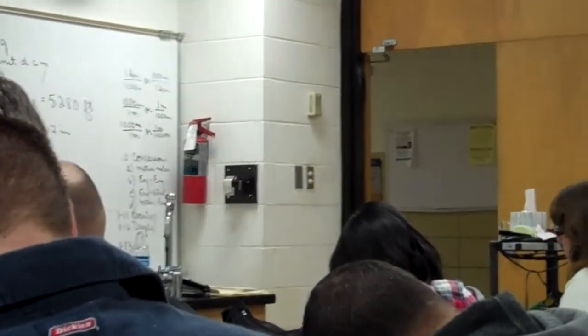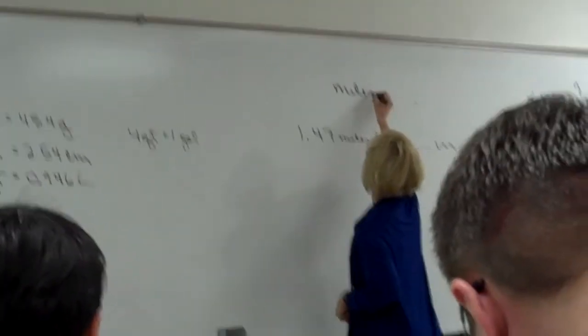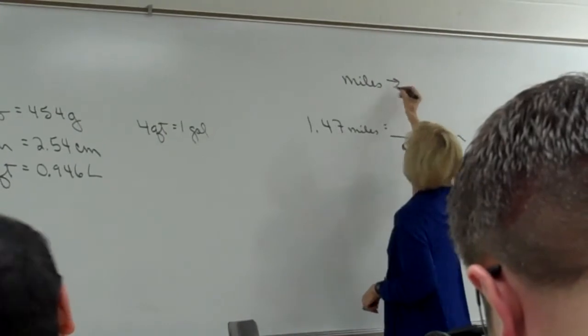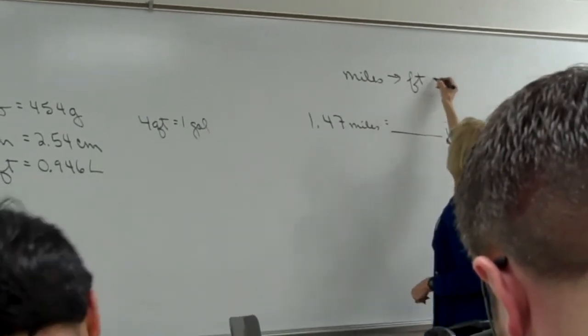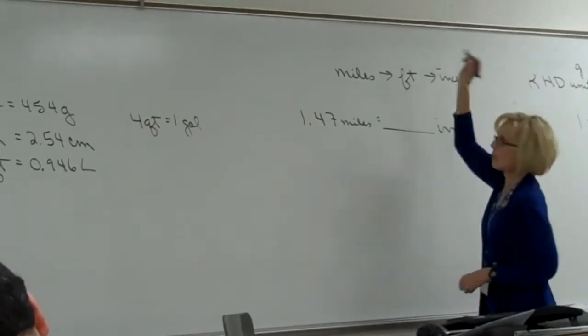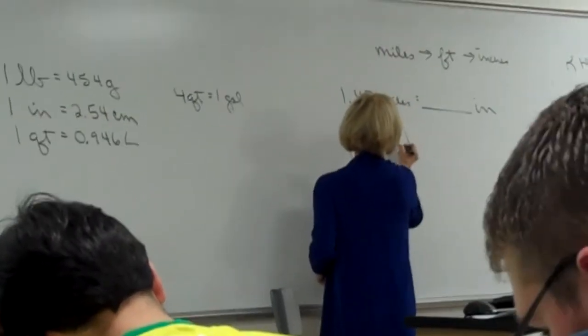So let's set this up. What's our game plan? By what I've told you, we have miles. Where can I go next in our road map? Feet. If you have feet, we can go to inches. Okay, let's set it up. 1.47 miles.